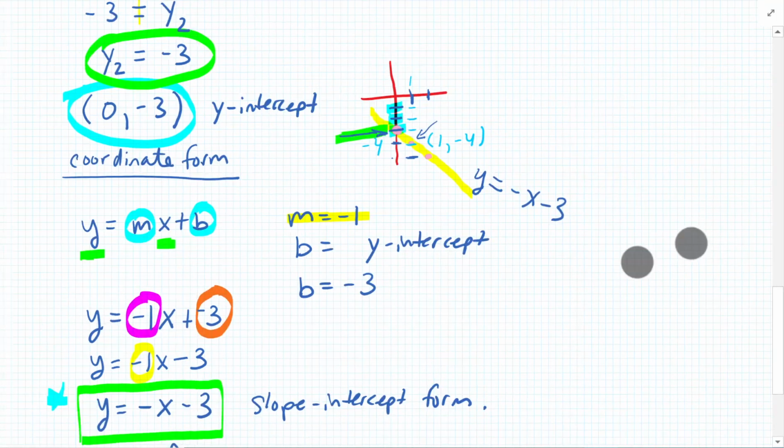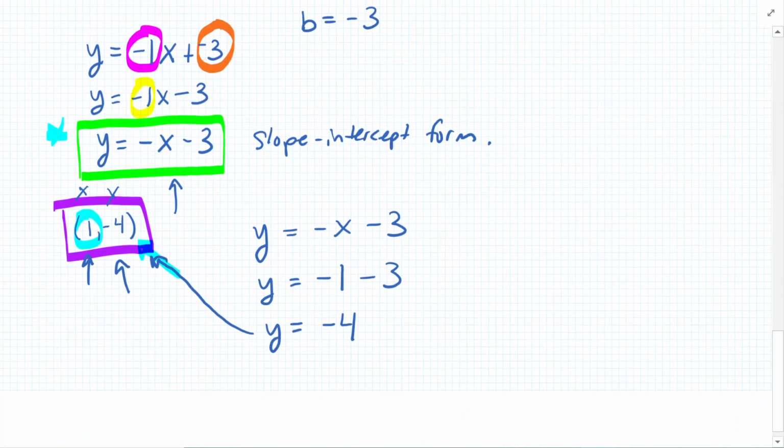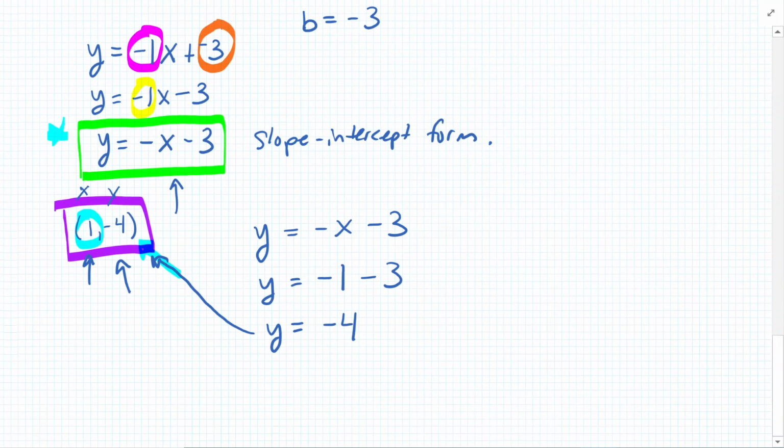Eventually, as you guys advance in math, you'll also learn that this line crosses the x-axis. But that's for another day. That point is important too. That one I just marked here. Right now we're only studying y-intercepts, okay? Where the lines intercept the y-axis.